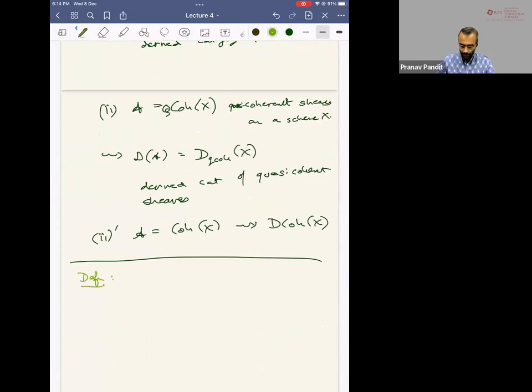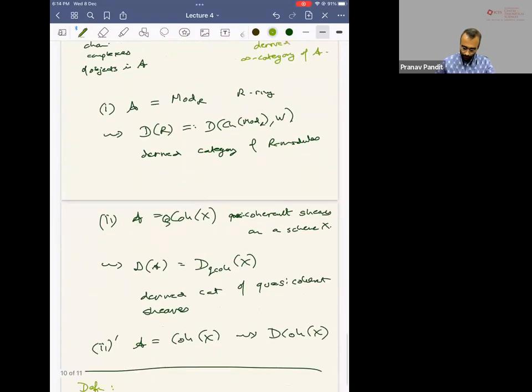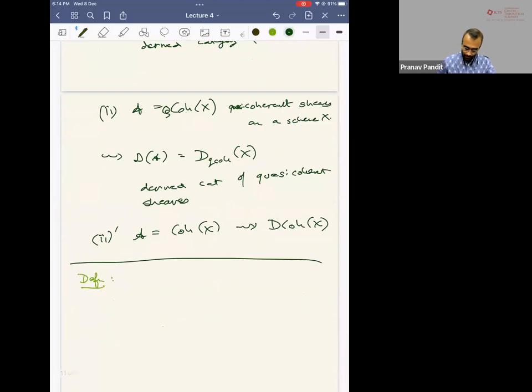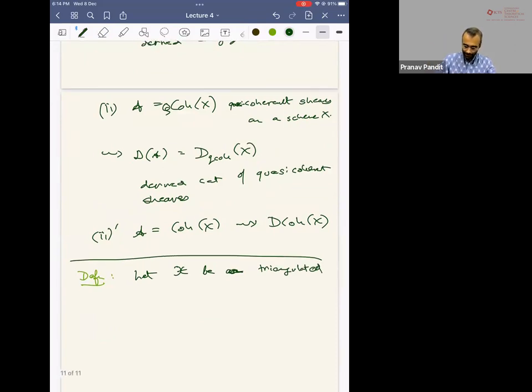So the definition is that an object E in, okay, let X be, I'm going to use some words that maybe I have not introduced, but you can just ignore those and just take the basic idea of this statement.